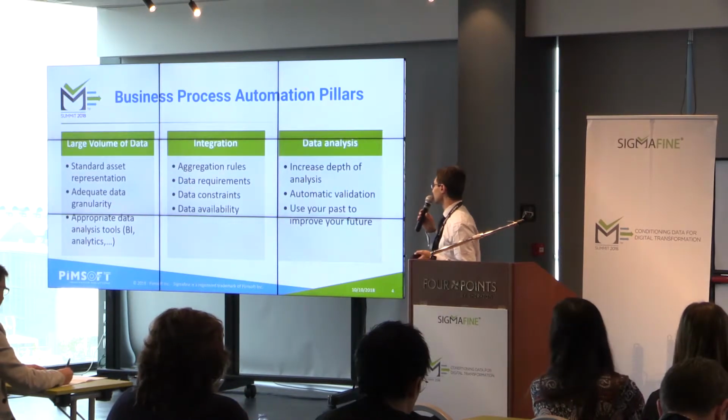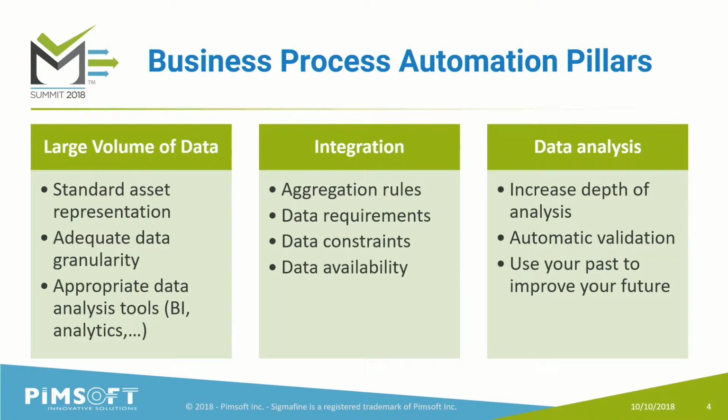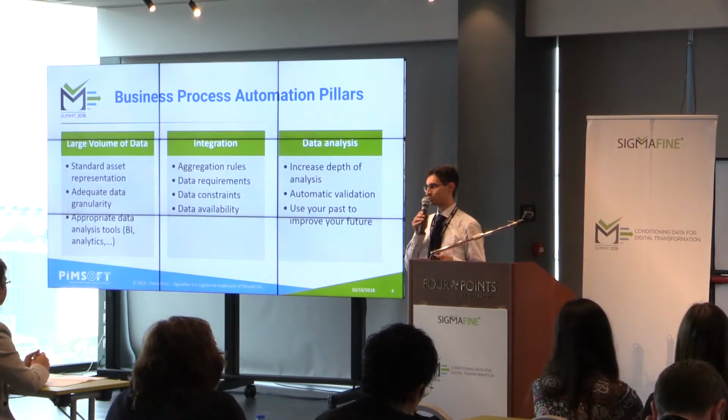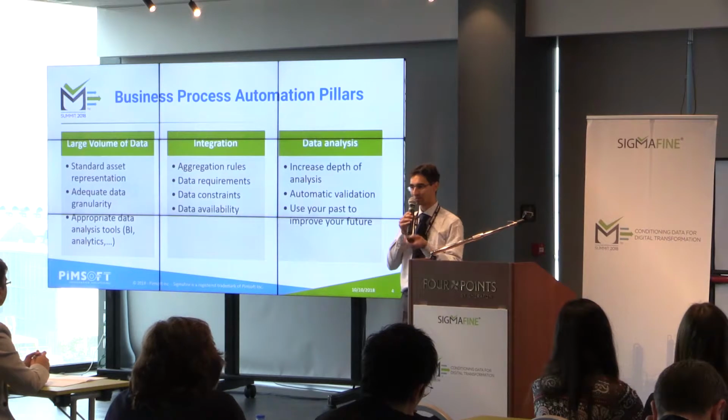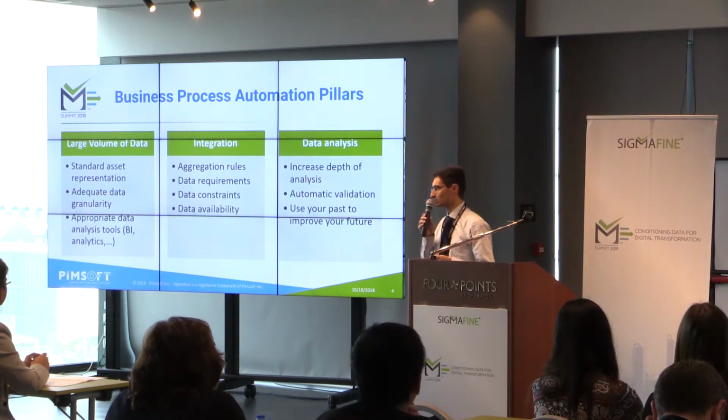And finally, data analysis, and here I'm speaking more specifically about Sigmafine. You may also think about increasing the depth of analysis. So maybe you started with mass balance, and on top of that, you may think of adding additional analysis like composition tracking, quality tracking as done by E&I, or component balance and so on.